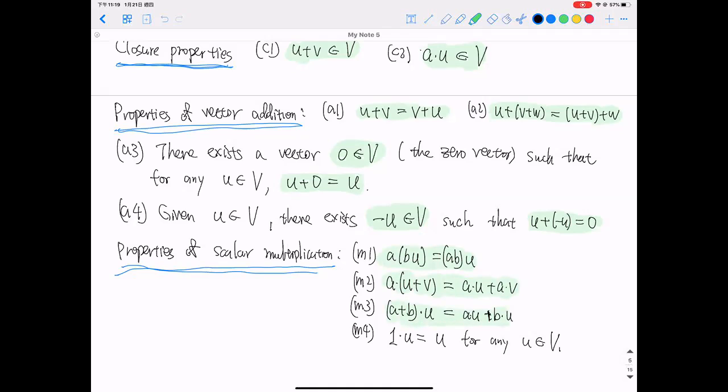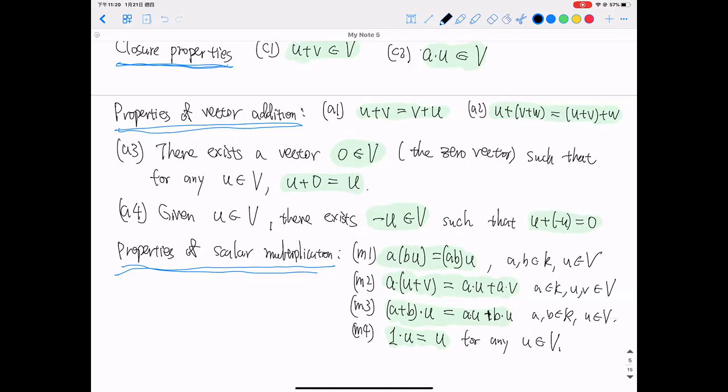And finally, 1 times u is u for any u. I should probably be more specific here that a, b belong to K, u belongs to V, a belongs to K here, u, v belong to V, and again a, b belong to K, u belongs to V.